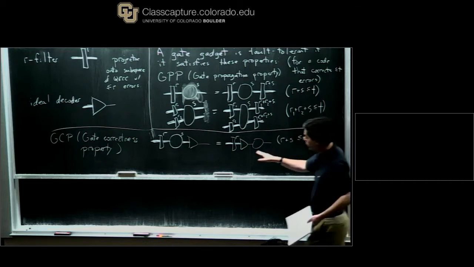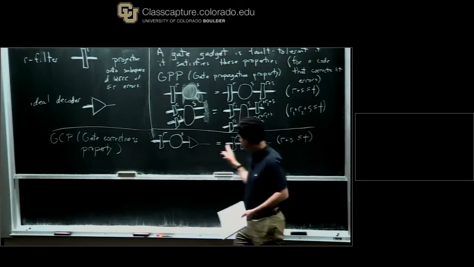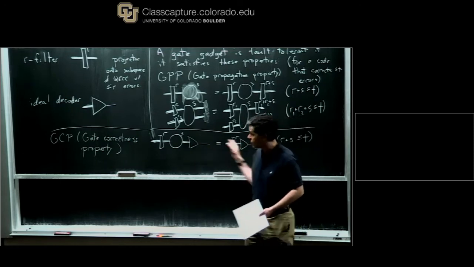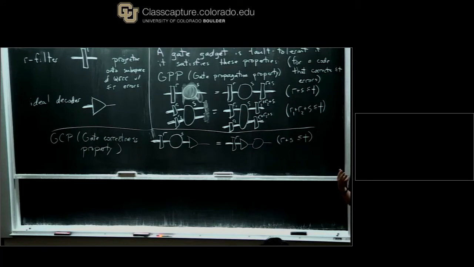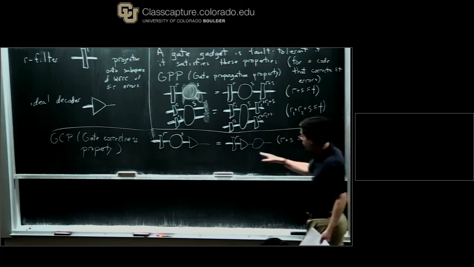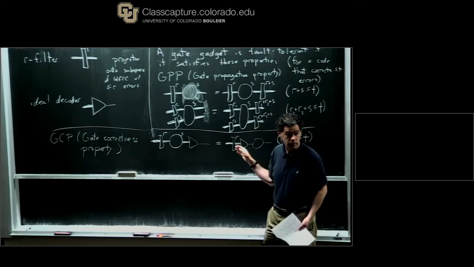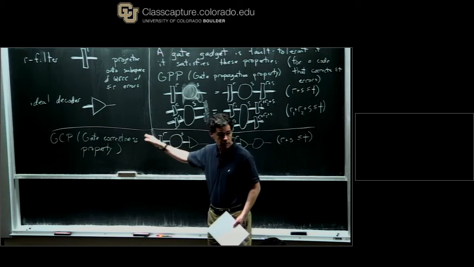So in this case, I had to put this R filter in front, even on the right-hand side, because these diagrams represent actually general CP maps. And I want this to be true as an equality of CP maps. So that means that it really could be any state that's coming in here, right?